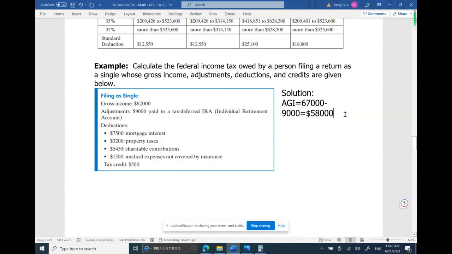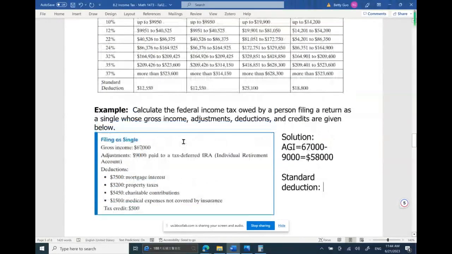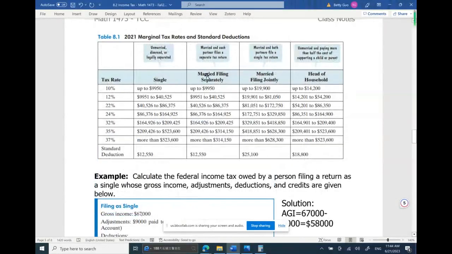And then we determine, is this person going to choose the standard deduction or the itemized deduction? Let's look at the table. Deductions. Okay, so let me write it down. Standard deduction for this person. How do we find that amount? It is not given. It is given in the tax table on the bottom.